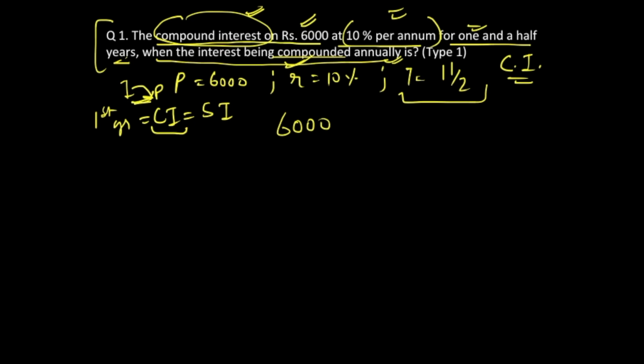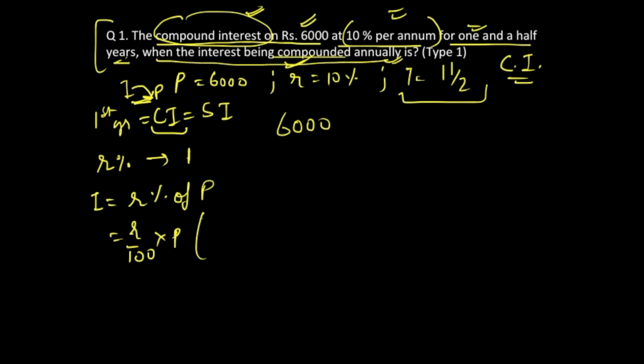Also, if you remember that we had done in the percentage method of finding out the simple interest, that if rate of interest is r% per annum and if you're calculating it for 1 year, the interest that you are going to get is nothing but r percentage of P, right? As you are going to write it as r by 100 into P, and your time period is already 1.